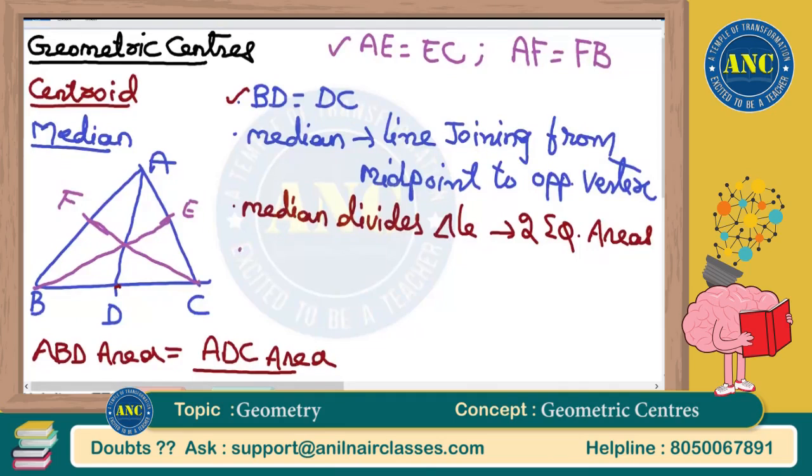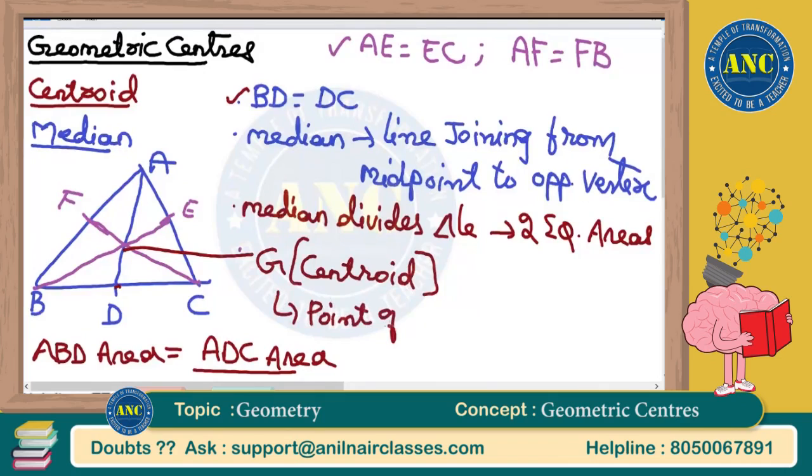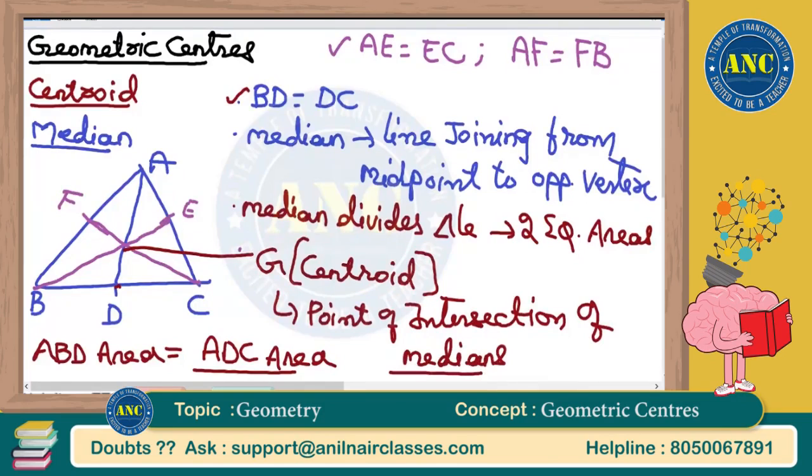So these three medians will meet at a point and the point is called center of gravity or centroid. G is nothing but the centroid. Centroid is nothing but the point of intersection of medians.